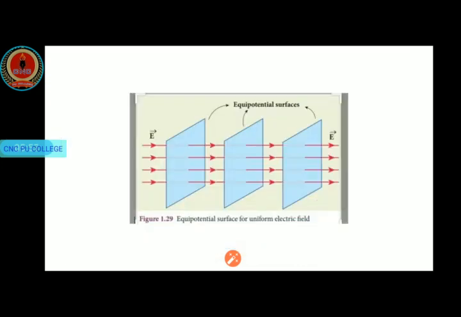In this picture we are observing the representation of equipotential surfaces in the case of a uniform electric field. How can we say it is a uniform electric field? Because the field lines are in the same direction, parallel to each other, and equidistant. On the equipotential surfaces, the value of potential at all the points on a surface remains the same.